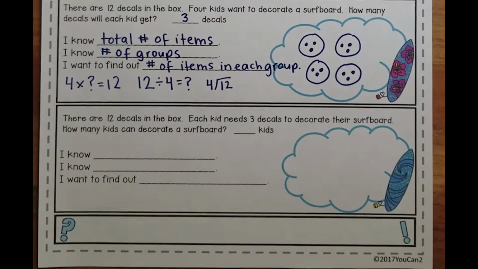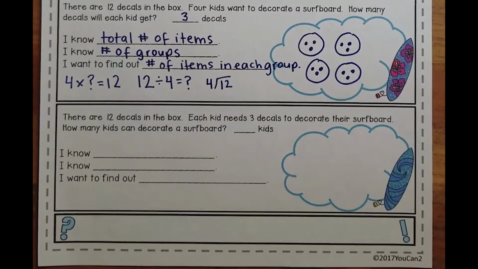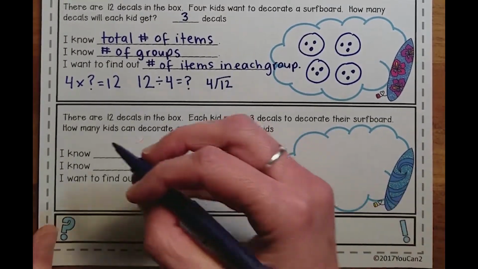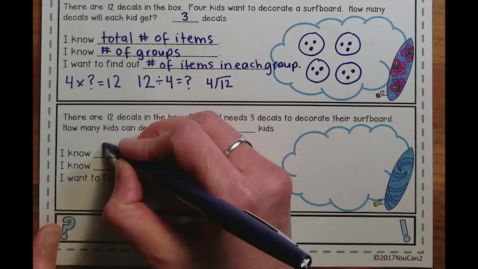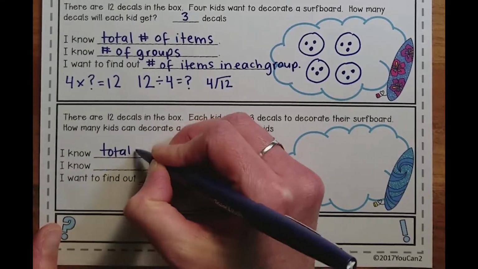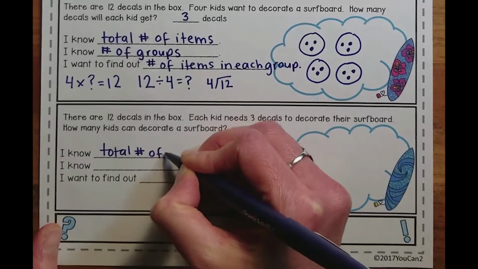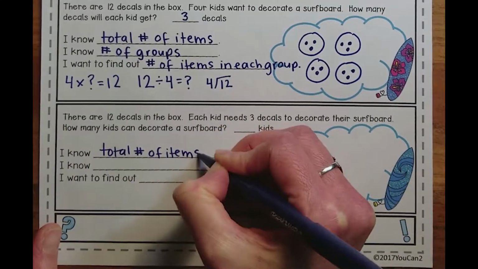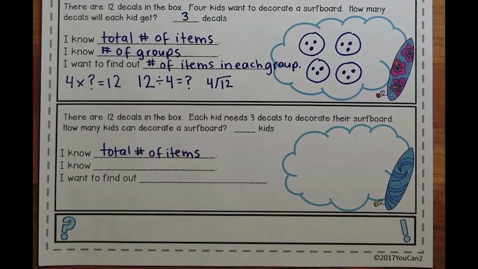Okay, our last one. Let's see how you did. So maybe you noticed that this time you knew the total number of items. You know that there are 12 decals in the box. And this time, it's a little different.